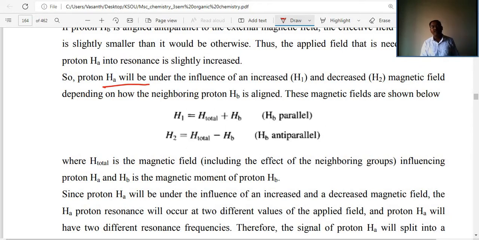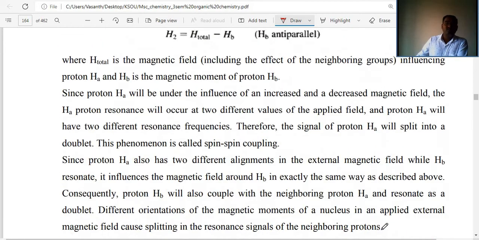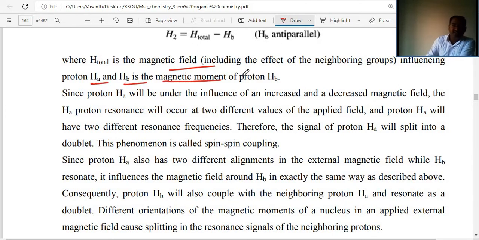Proton HA will be under the influence of an increased H1 and decreased H2 magnetic field, depending on how the neighboring proton HB is aligned. These magnetic fields are as shown in that figure. Where H total is the magnetic field influencing protons HA and HB.